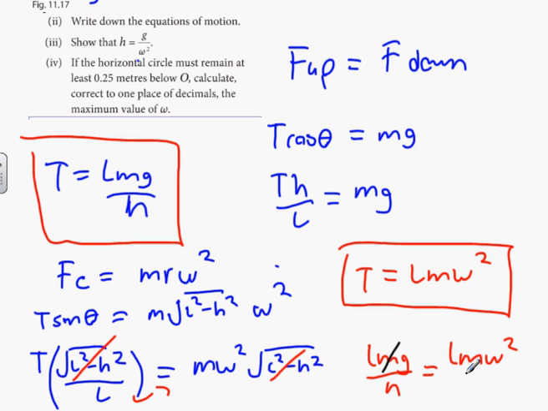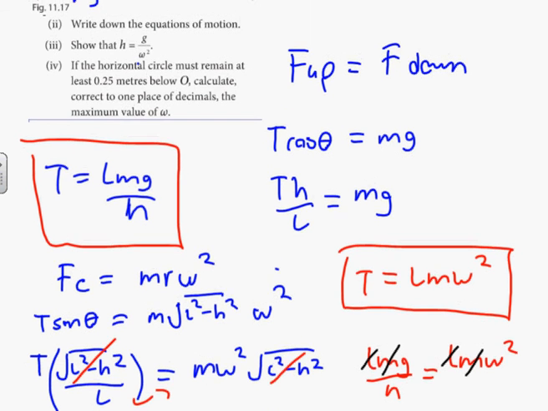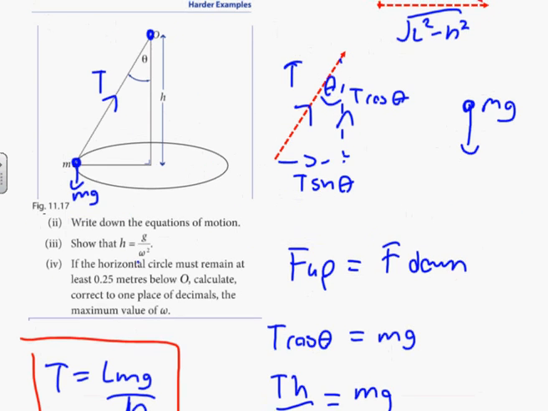M's will cancel, L's will cancel, and we'll have omega squared, what we're looking to get on its own, and h. Did I leave out an h? No, it's still there. So bring up the h and bring down the omega squared. h equals g over omega squared.